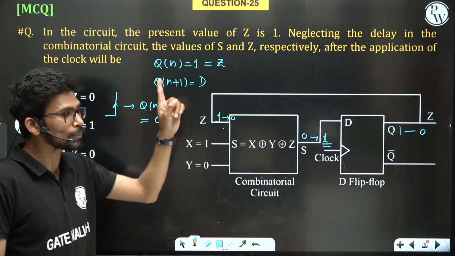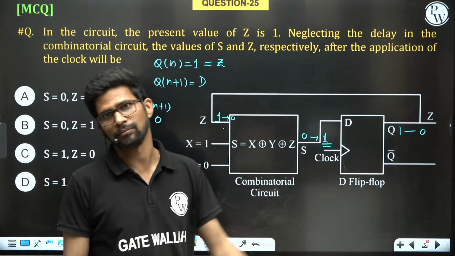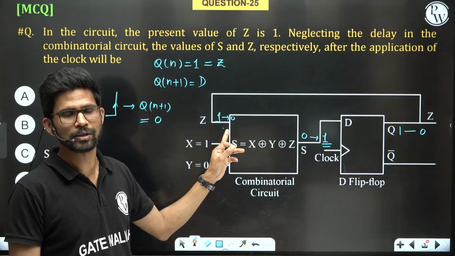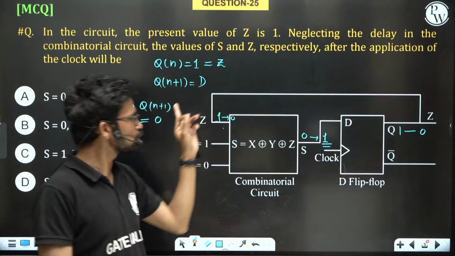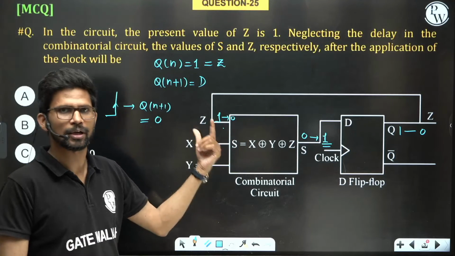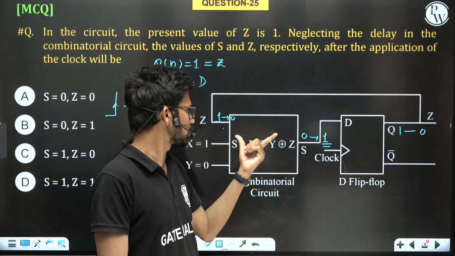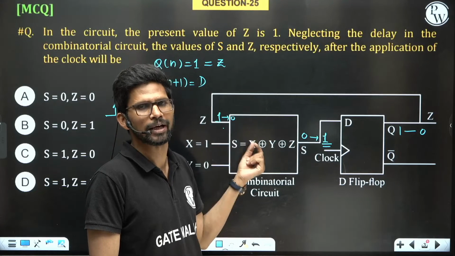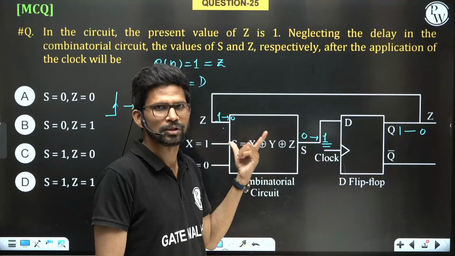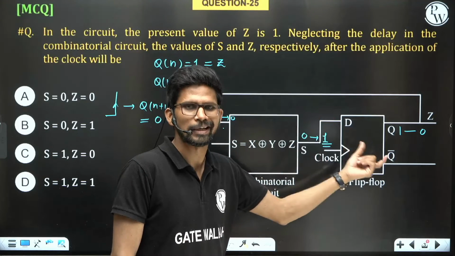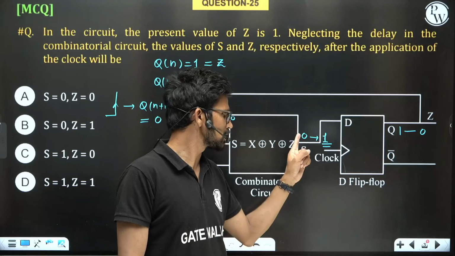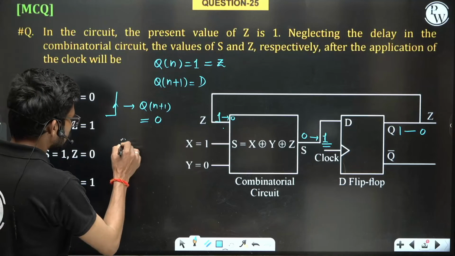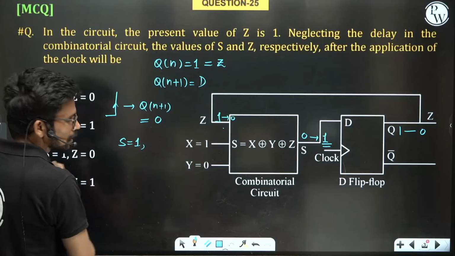So S will not be 0, rather S will be 1, because this Z comes into the feedback input of this combinational circuit, and as soon as it gets Z as 0, it produces output 1 immediately and changes its value from 0 to 1.